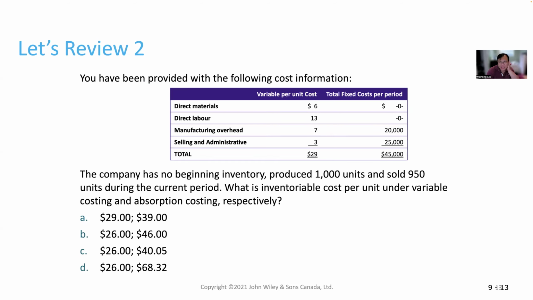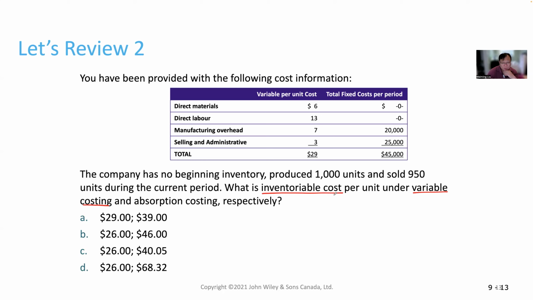Okay, so first, under variable costing, what is the cost per unit? So I will look at variable costing. What's the inventory cost, right? So that means these ones are the inventory cost, okay?